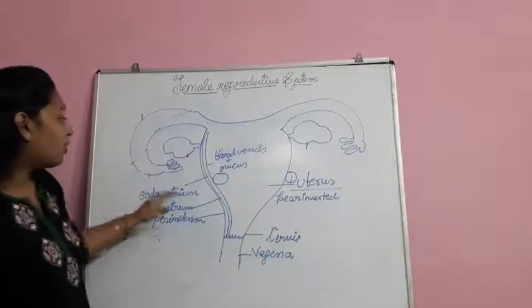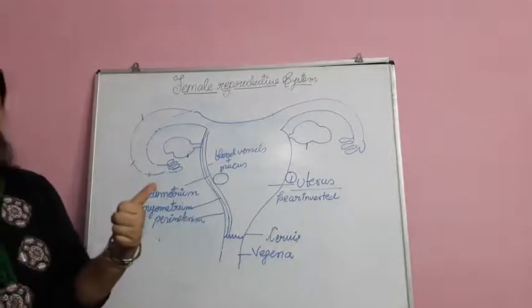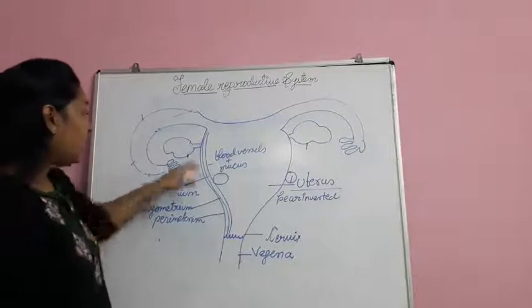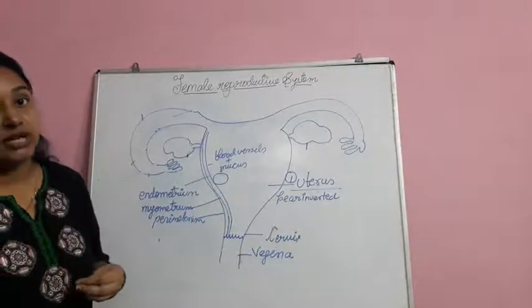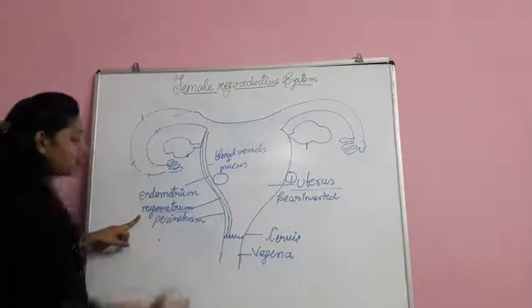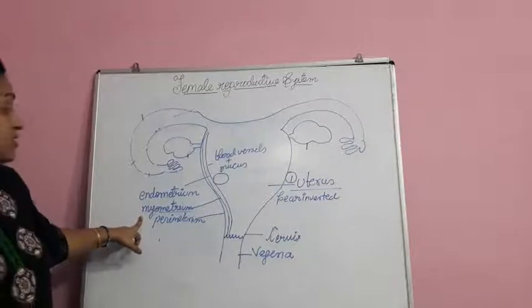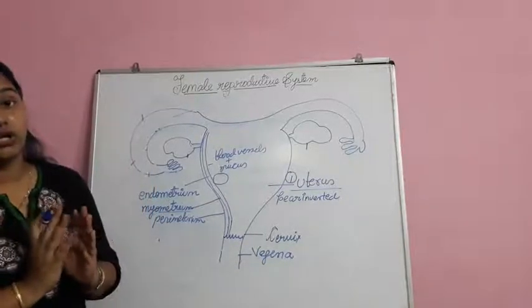So this is the work of the endometrium layer. First, it gives support to the baby, it gives a cushion to the embryo. Secondly, it is made up of blood vessels and mucus, so it sheds off at the time of the menstrual cycle. The second layer is called myometrium. This layer's work is to contract when the time of parturition comes.